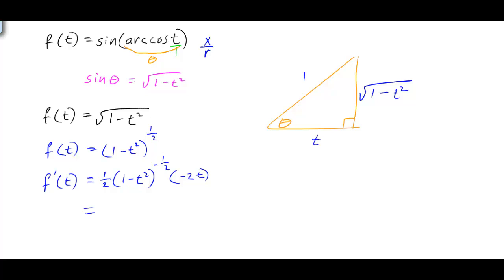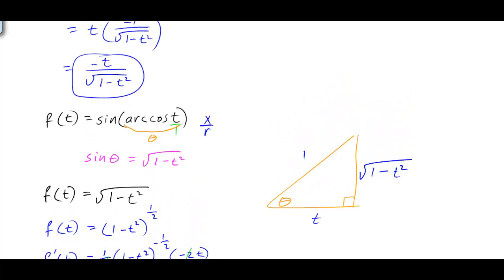And you can say this looks very familiar because once again, what's going to happen? We have a 2 that's going to cancel with the 1/2. And we have a negative t, so that's negative t over this 1 minus t squared. So we could write that as 1 minus t squared to the positive 1/2. And here's our derivative.